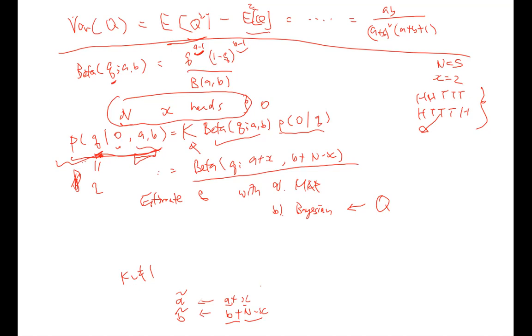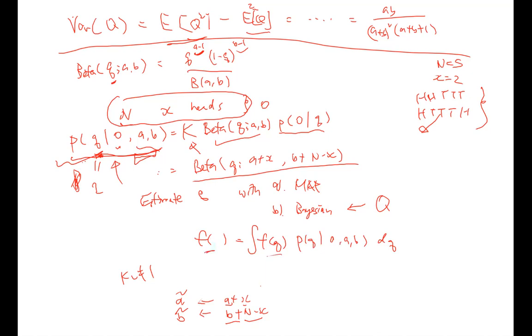For example, if I want to estimate some function f(q) of q, using Bayesian will be the expectation of f(q), equal to the integral of f(q) times p(q given the observations and a, b). Now I'm not estimating some f(q), I'm simply estimating q.